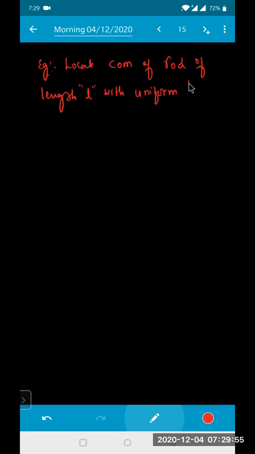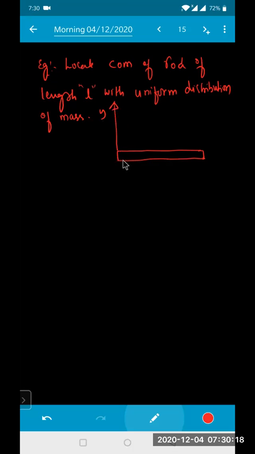Say the mass is uniform like this. This is kept on your y-axis, and this one is kept on your x-axis like this.